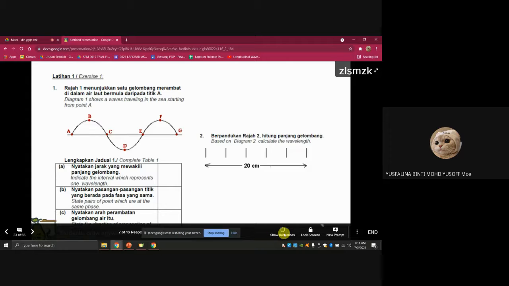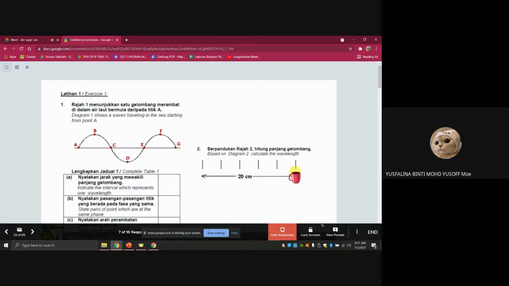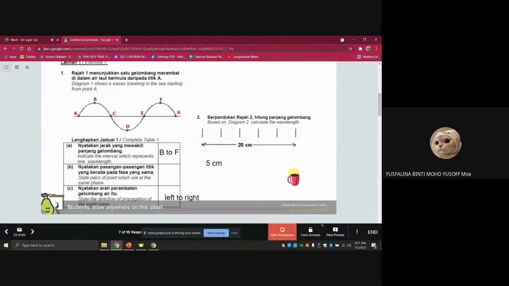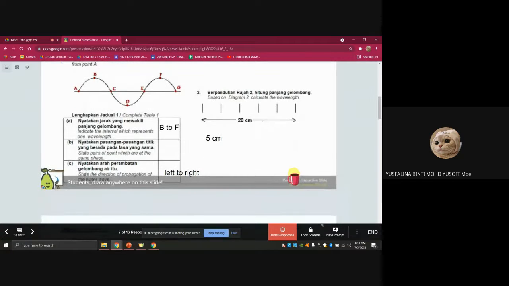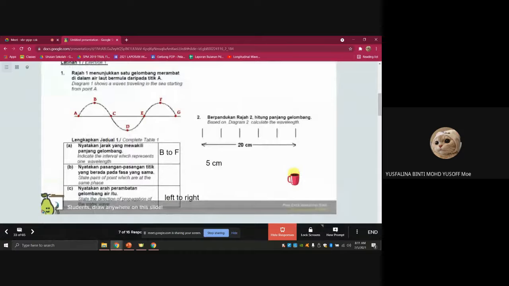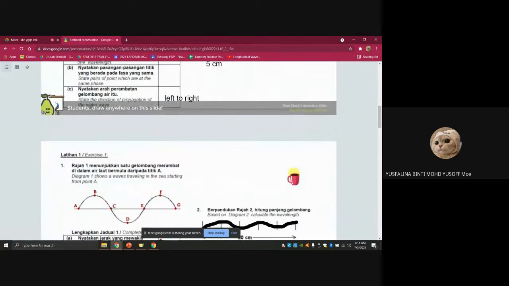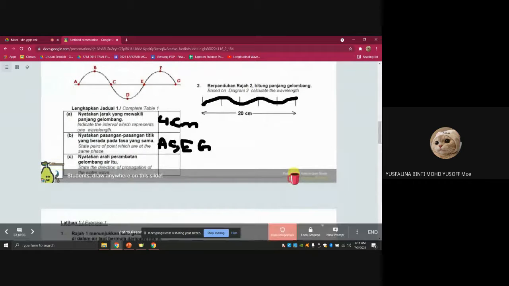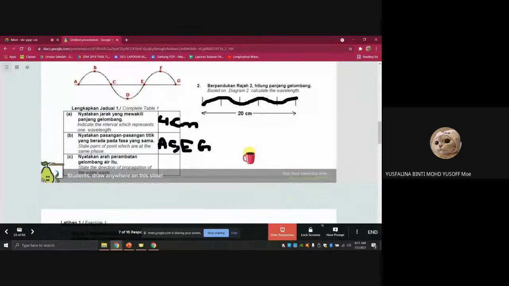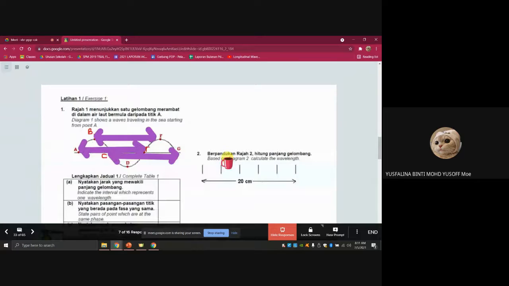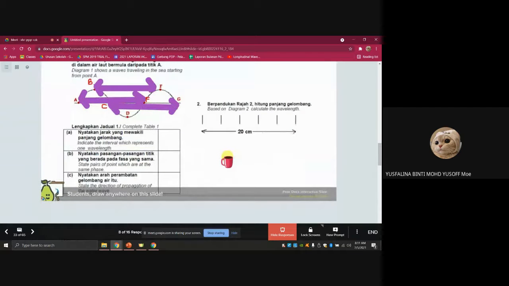Let me see your response. B to F, left to right, 4 cm. This one you put A to C. Just use the alphabets given. Put the answers here in the box.